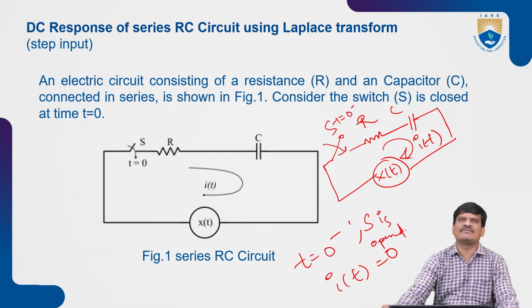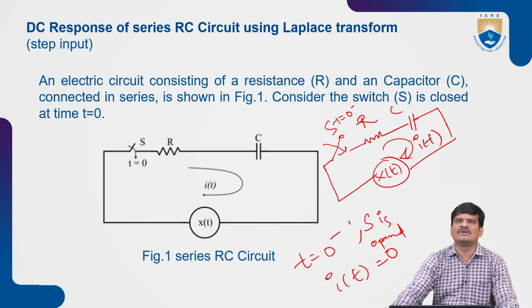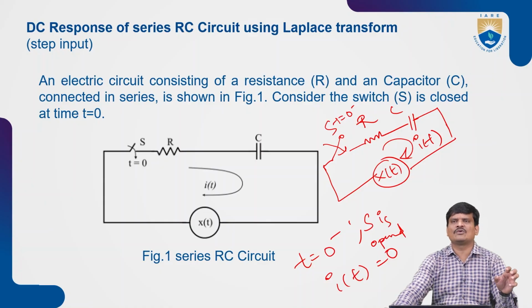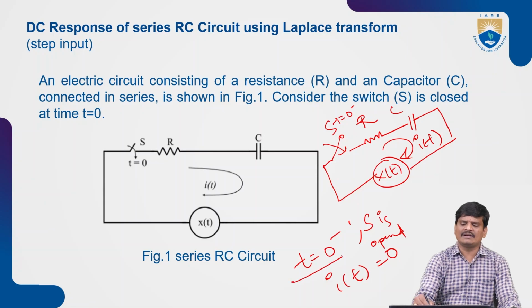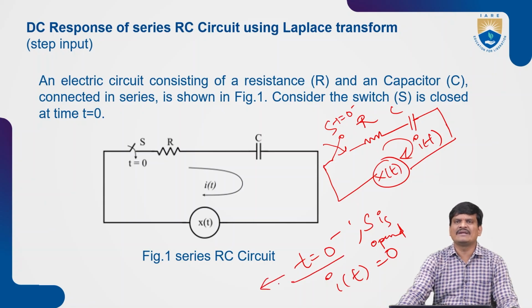Whenever there is an open path in a circuit, the current is 0, whatever the number of elements connected in it, whether they are connected in series or in parallel. If there is an open path in that circuit, the current flowing is treated as 0. At what time? At t equal to 0 minus, which is considered just before closing the switch.